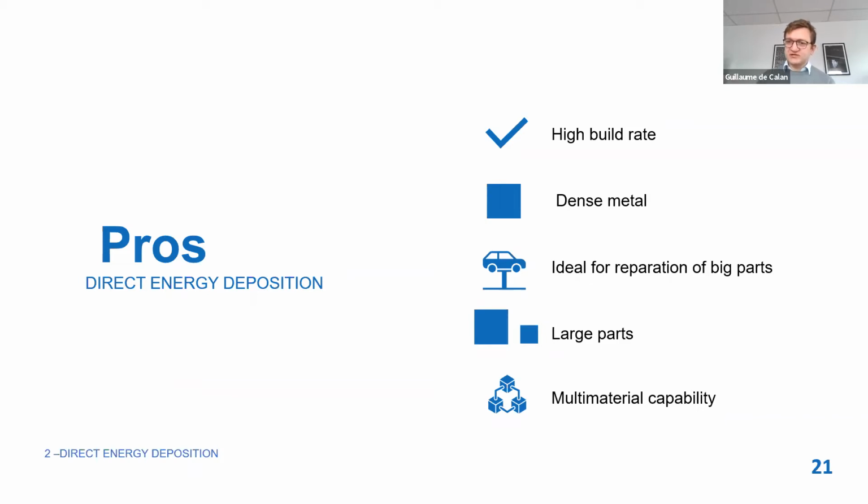That means bringing some material onto a part that is already existing, which is really of interest for a lot of industries. It allows making very large parts. It's probably one of the best technologies for that. And it also has a multi-material capability, because at any point in the printing, you could change the feed to another material and start printing with a second material, or even make gradients of material.